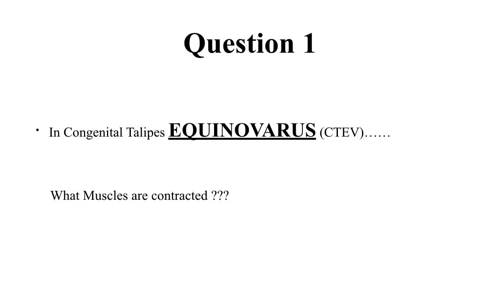Now coming to question number 1, the common case of clubfoot, that is congenital talipes equinovarus. What are the muscles that are contracted? Remember, it is equinovarus. Now the answer to that, remember, it is equinus and varus. Draw the picture again.